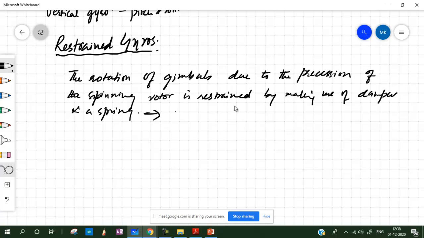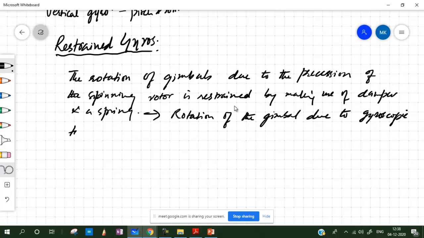So the rotation of the gimbal due to gyroscopic torque is the measure of input motion.